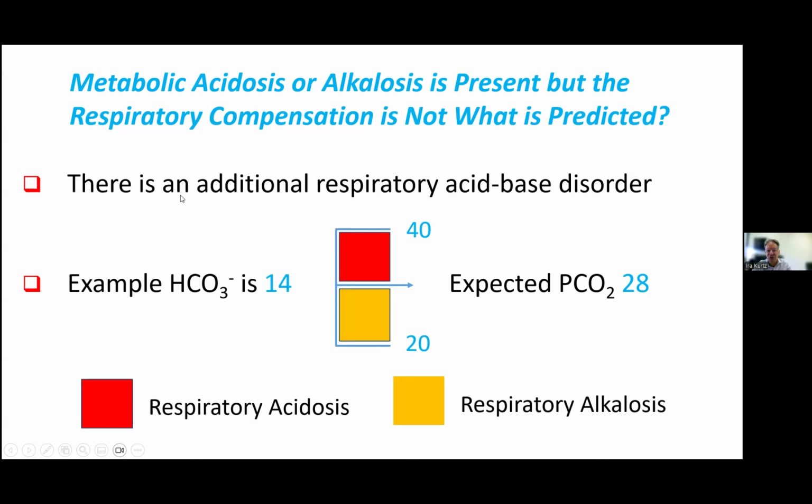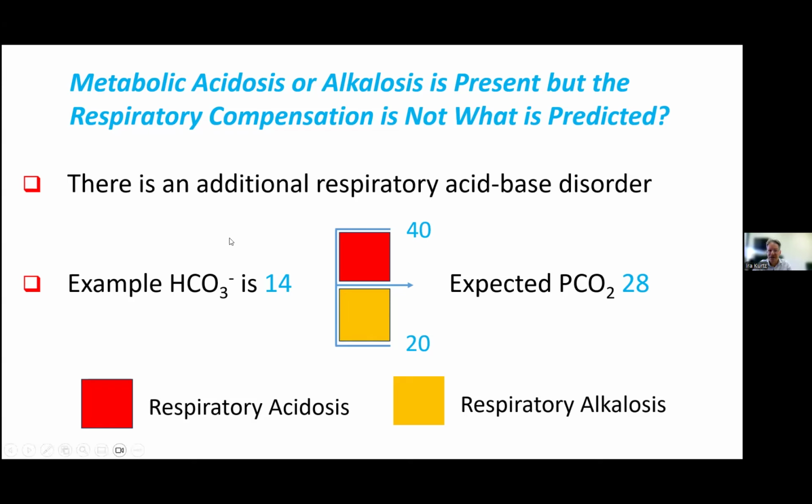So this is a really important slide because people fail to, first of all, know what the expected PCO2 is, both in metabolic acidosis and metabolic alkalosis. And then once having predicted what it should be, fail to diagnose an additional respiratory acid-base disorder when it's not what you predict it should be.